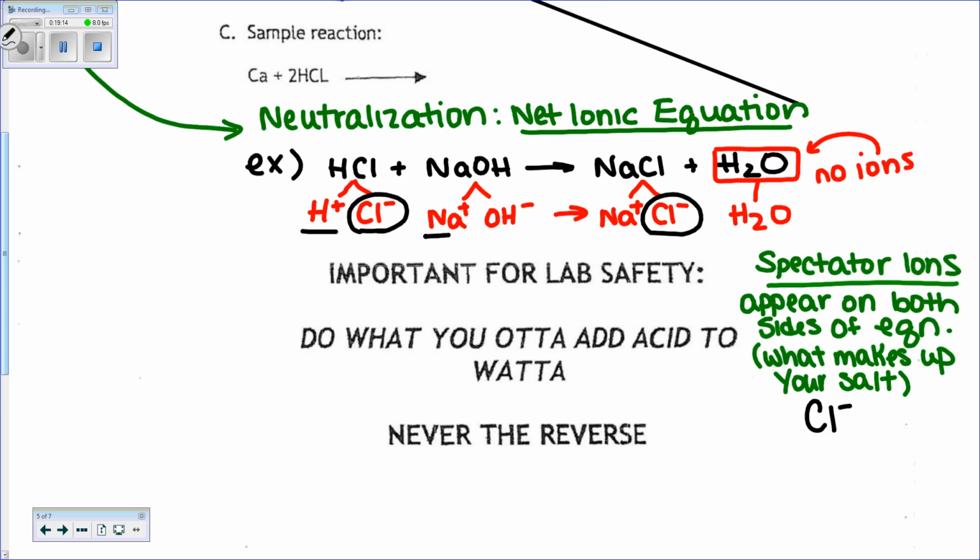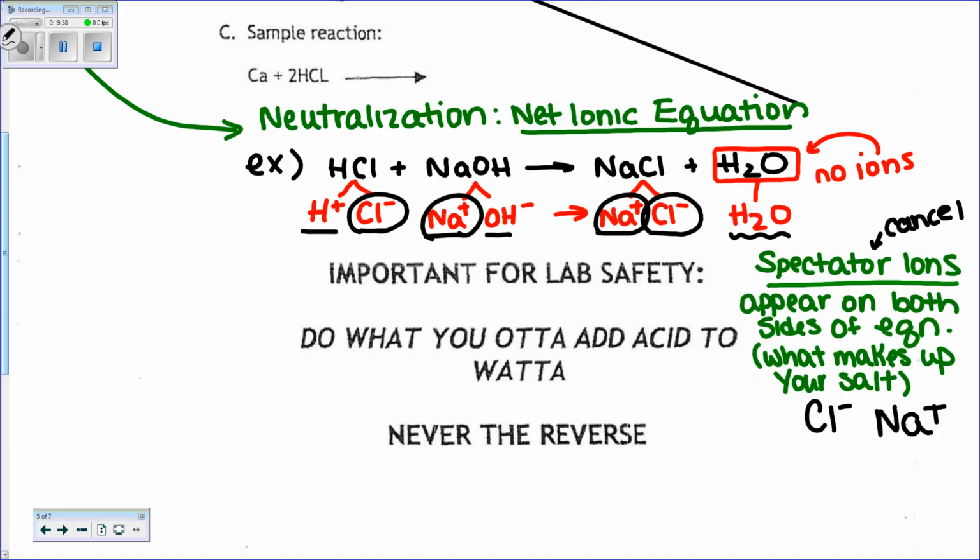I also see Na plus. Oh, look, I got Na plus. So Na plus, Na plus. So Na plus is your other one. And then I just want to check, is it OH? Nope, I don't see an OH on the other side. I see an H2O.